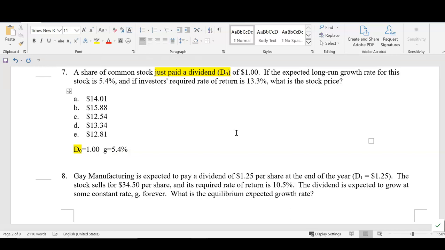And our rate of return, R, or you can say it's RS, or you can say it's RI, equals 13.3%. This is the rate of return for the investor, for the stock. This is also the cost of common equity for the firm.